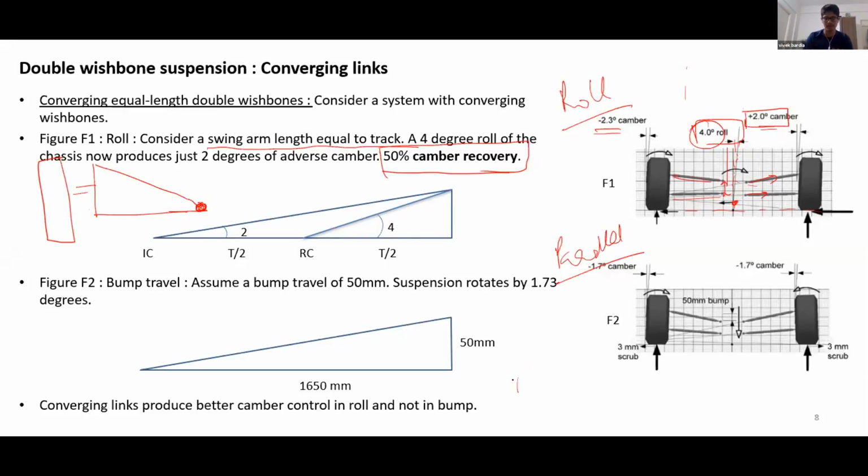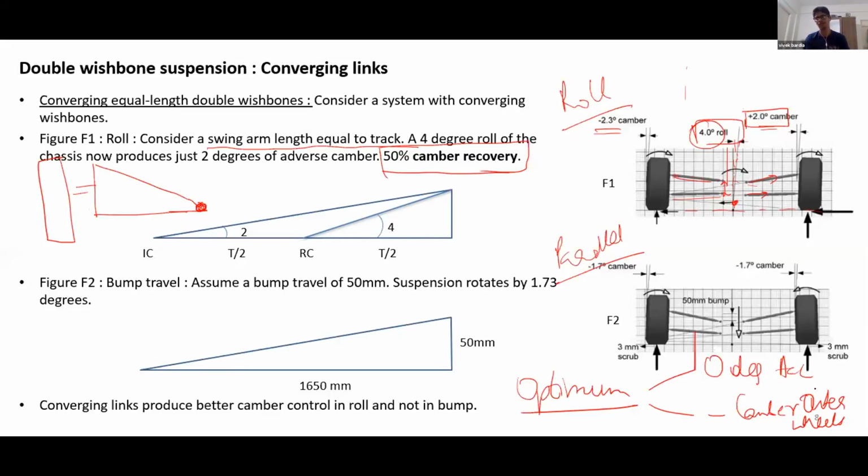So when we talk about optimum angles, what is the optimum angle? It is 0 degrees for acceleration and negative camber for outer wheels. If you can't reach negative camber, at least try to have perpendicular wheels or zero camber for the outer wheels.